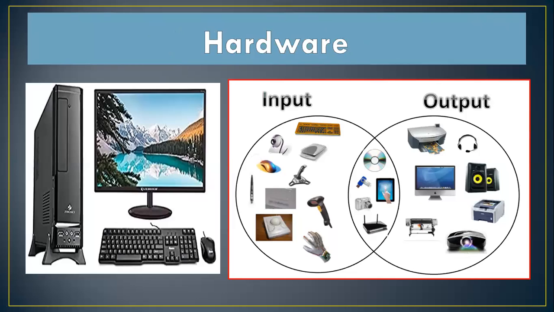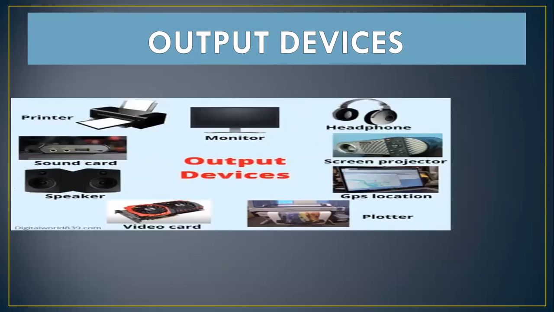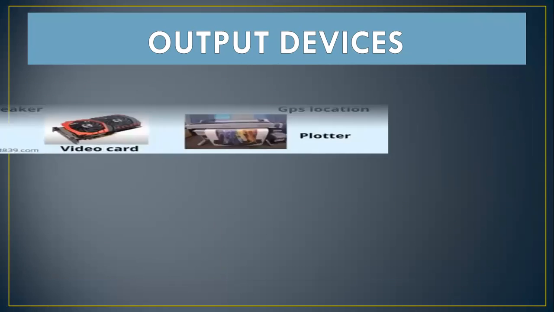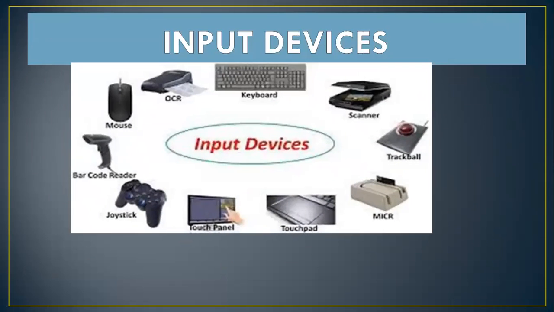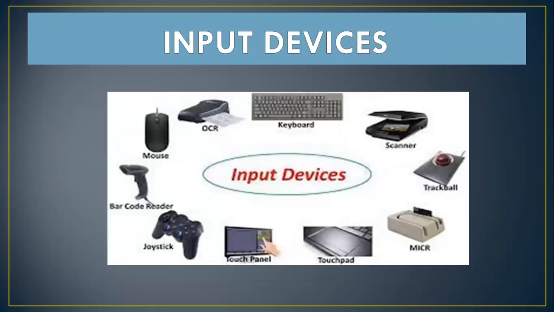So with input, we can send information to the computer. Output and input devices make our computer. And all these devices are hardware. What are these, boys? They are hardware devices. They help us to send information.